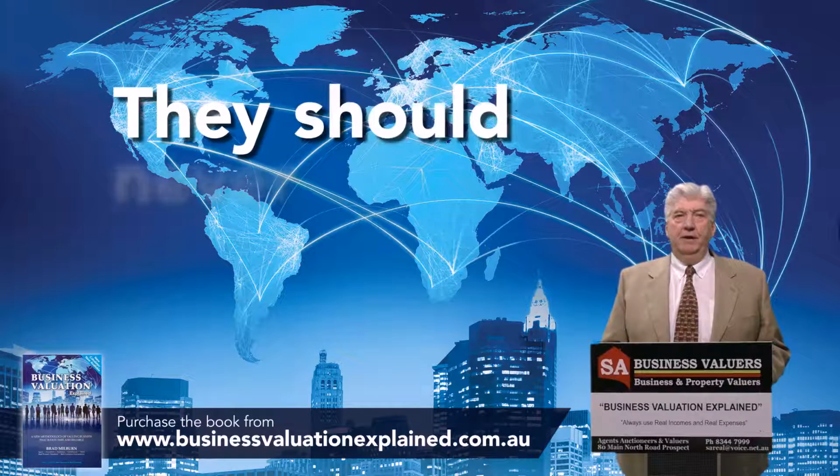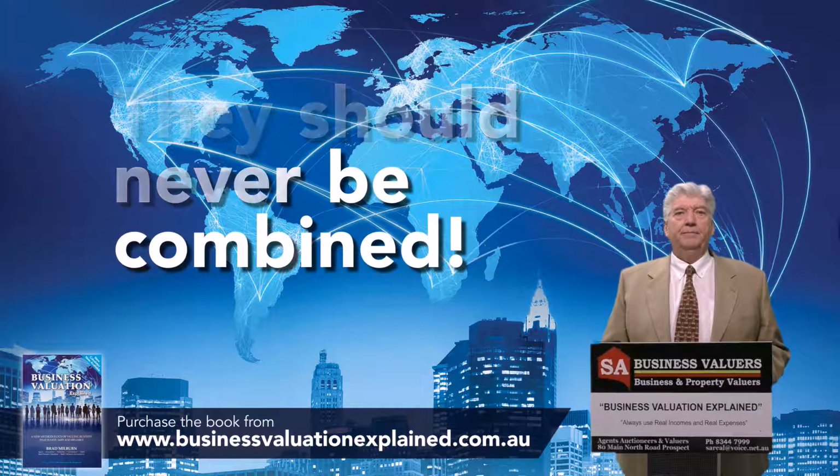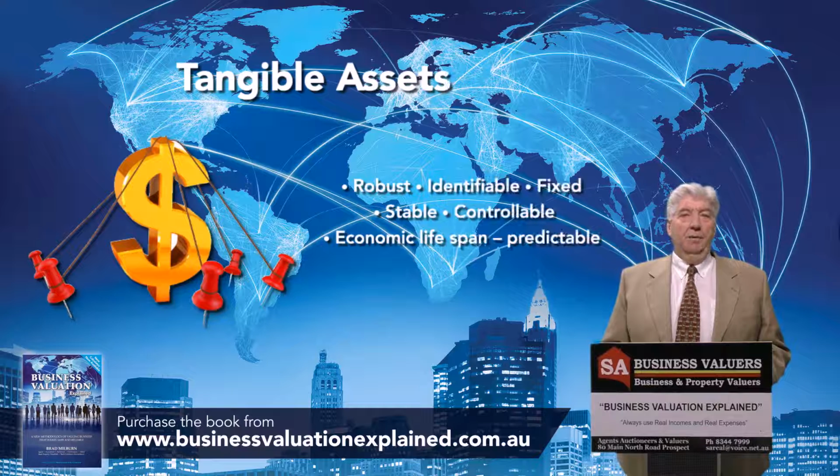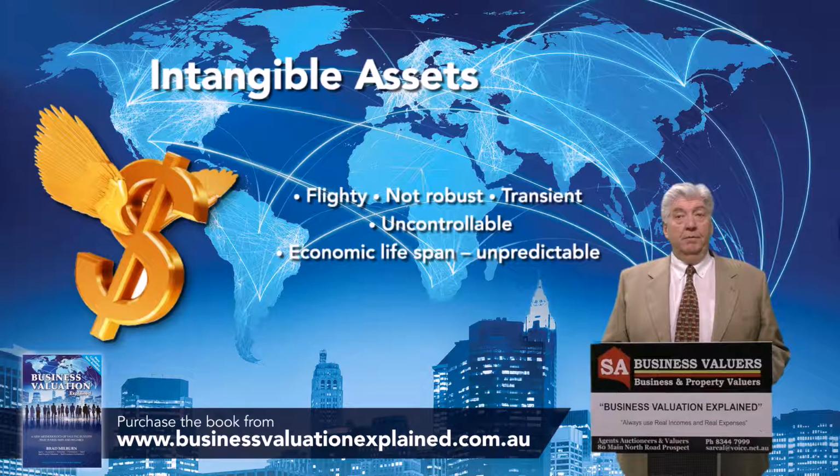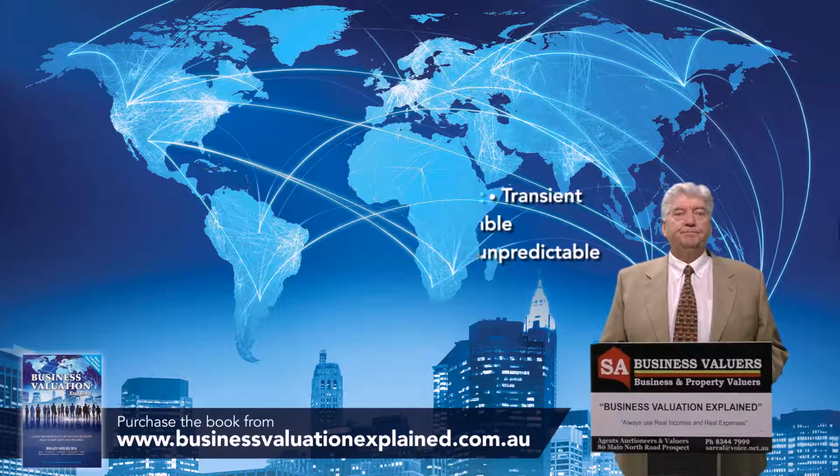They should never be combined. Tangible assets are robust, physical, discernible, material, and their economic lifespan predictable. Intangible assets are not robust. They are flighty, they're non-physical, variable, uncontrollable, and their economic lifespan is unpredictable.